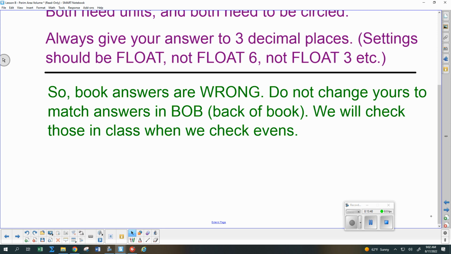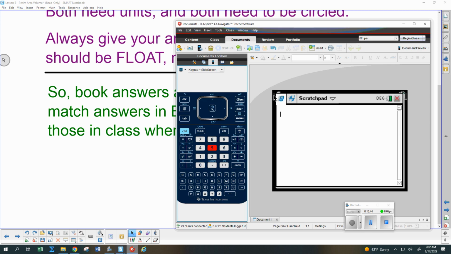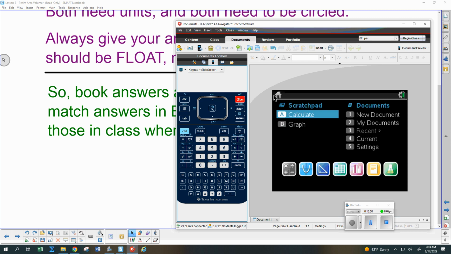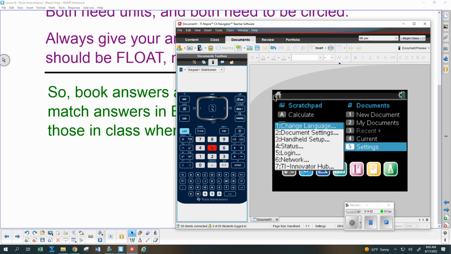Okay, grab your calculators and let's make sure we all have the correct settings on them. So you are going to first push this home button. So you're on this screen. Then we want settings, which is choice 5. You can scroll to it, but that kind of takes a while. It's faster if you just push the 5. And then it gives you these choices.